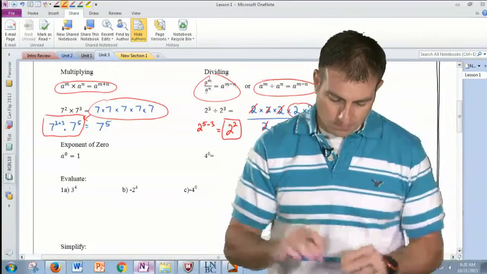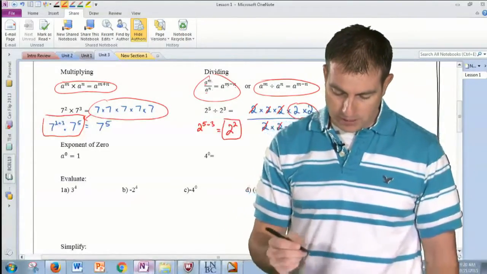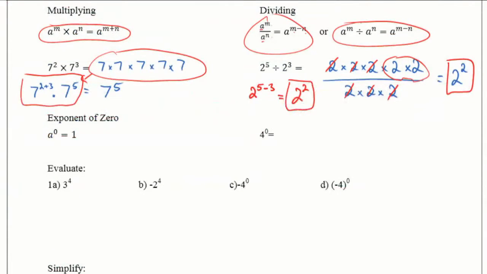Makes sense. It has to do with the division rule we just looked at. Let's say I had something like x to the power of 7, and I divided it by x to the power of 7. If we think about our basic math, if I'm dividing something on the top by the bottom, and they're the same thing, x to the 7 and x to the 7, these are going to divide to just give me 1.